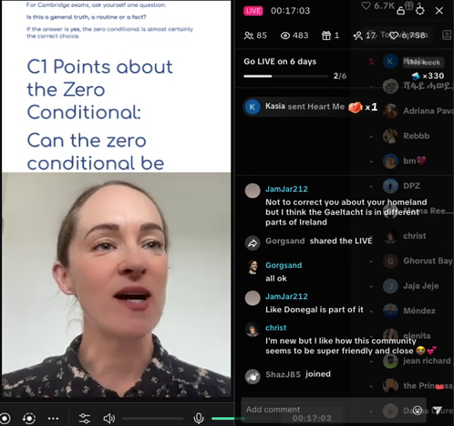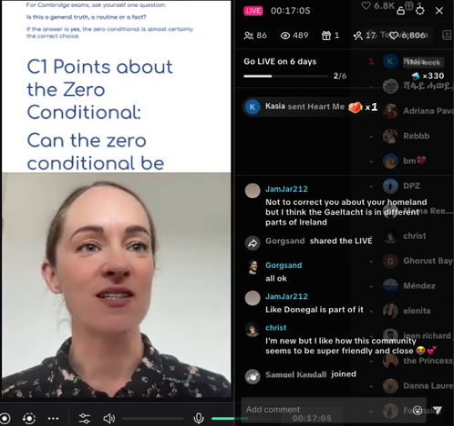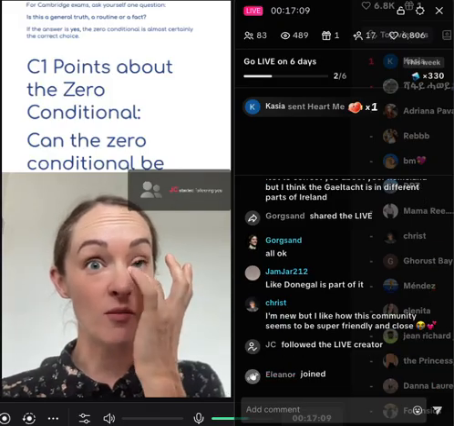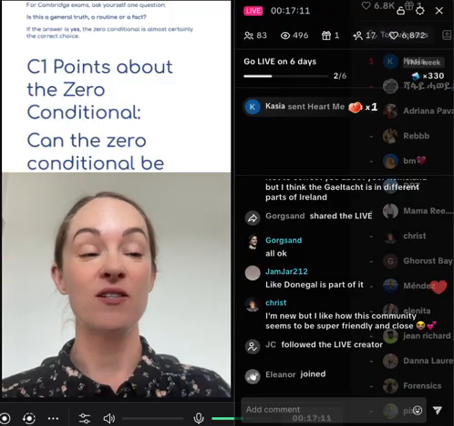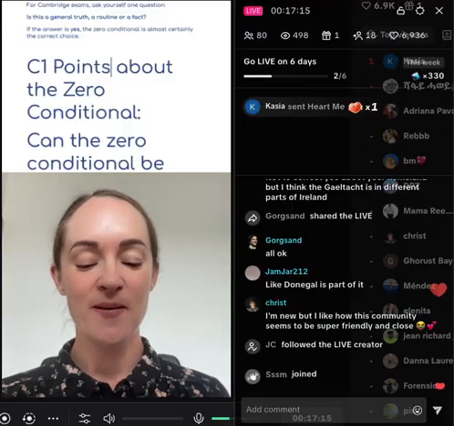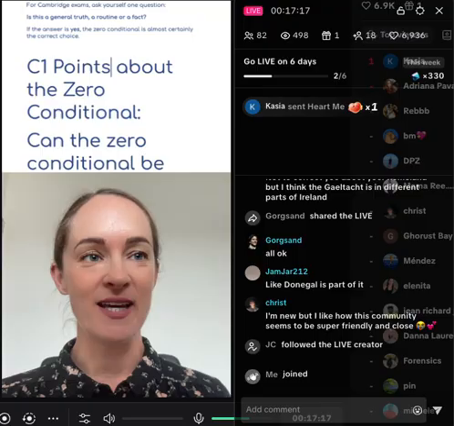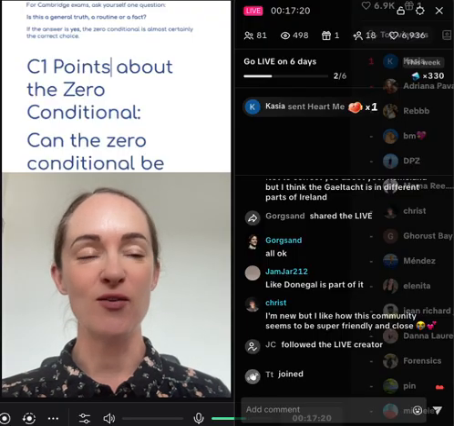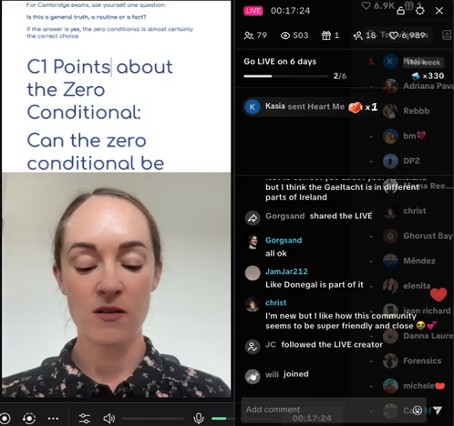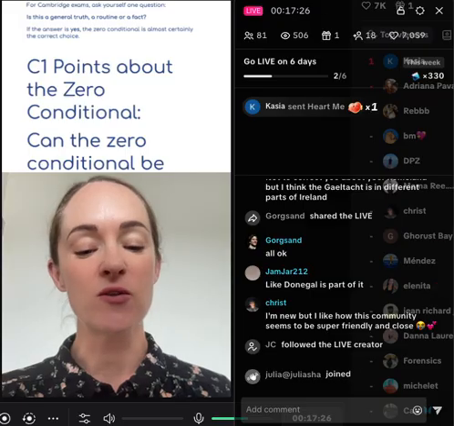Like Donegal is part of it, but Donegal is in the west of Ireland. Google a map of the Gaeltacht and you'll see what part of Ireland is considered the Gaeltacht. I would do it now, but I need to continue with our topic. My God, I've gotten too passionate about the Gaeltacht now. I mean, you've obviously hit a nerve, Jam. Look, I bet you €5 that it's the west of Ireland.